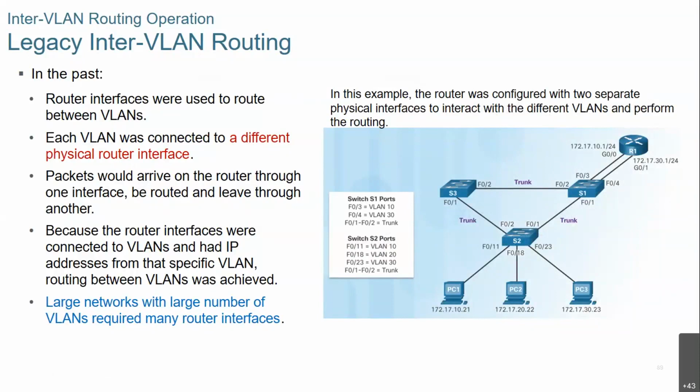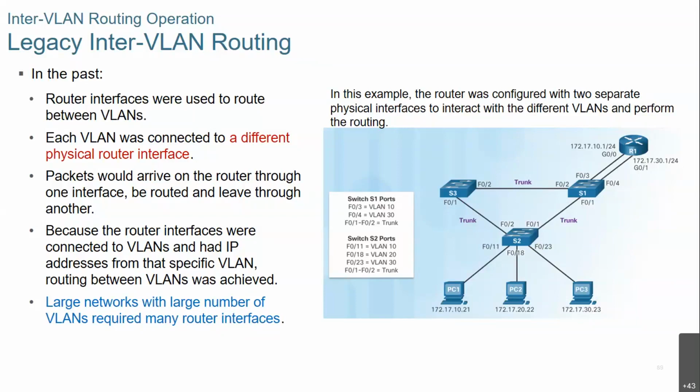But the problem is, how many interfaces does the router have? If you have 12 VLANs and you need 12 router interfaces, how many routers do you need? In your project in Netcom before, you looked at the different prices of these devices. Are routers cheap? Buying a lot of them is not really good. It doesn't scale very well.